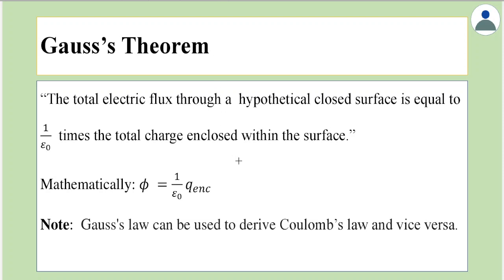Based on this, we have a very important theorem called Gauss Theorem. Now the question is, why do you want this theorem? Do understand that the aim of the chapter is to find the electric field, because for a given charge, electric field is the most basic and fundamental physical parameter.